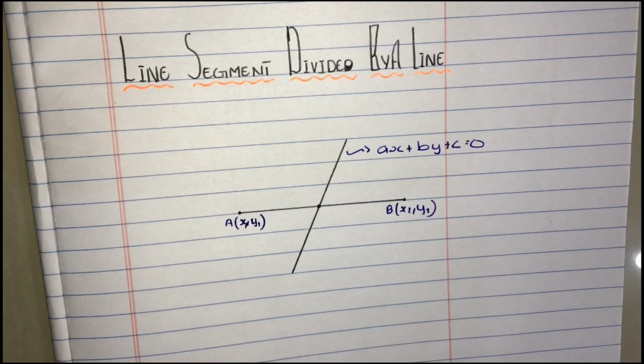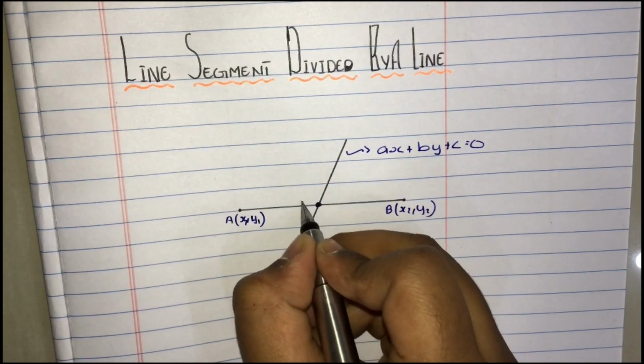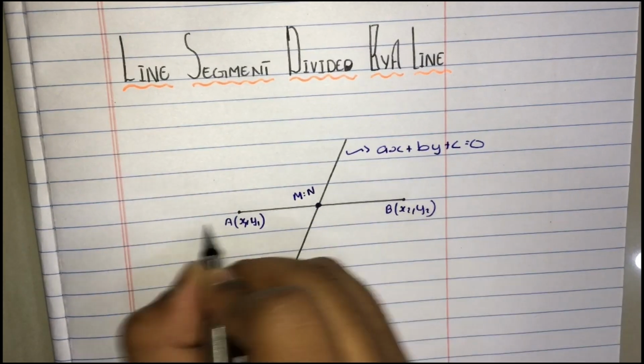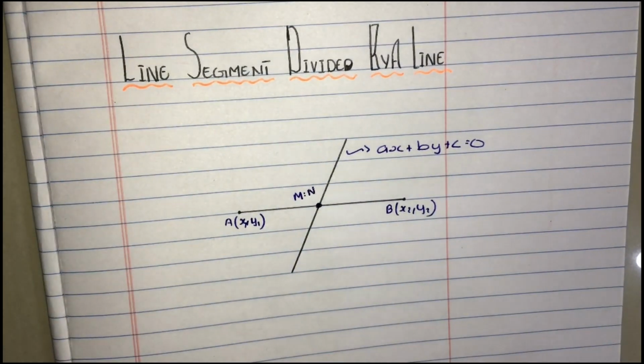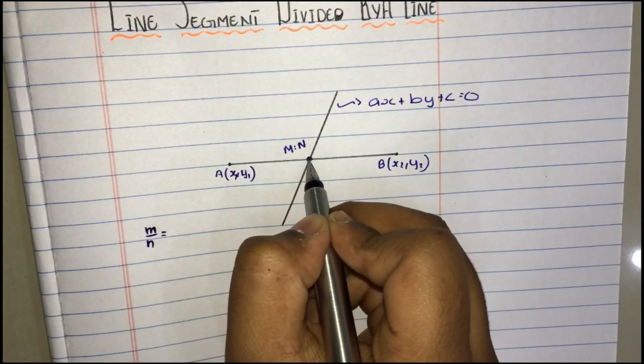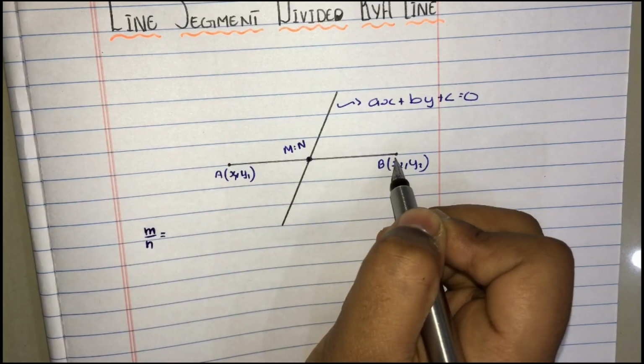So this is the general equation for a line. So now we are going to find the ratio m:n in which this line divides the line segment AB. Now we are going to find the ratio by which this point divides the line segment A and B.